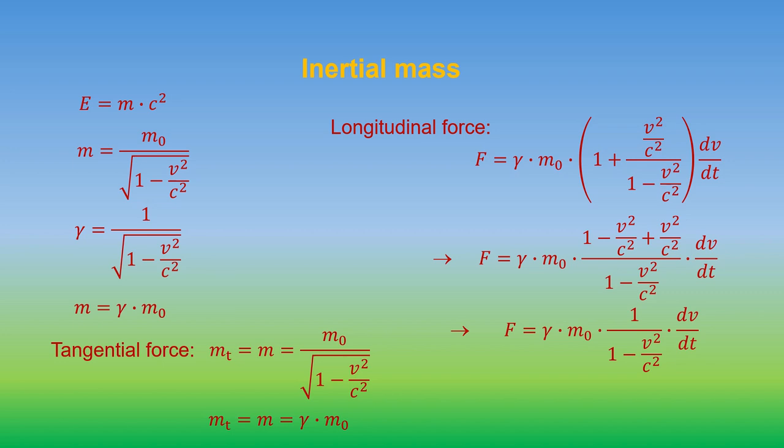There are two terms in the numerator that cancel out, so what remains is F equals gamma times m naught times 1 over 1 minus v squared over c squared times dv over dt. What's left of the fraction is the square of the Lorentz factor, so the equation becomes F equals gamma cubed times m naught times dv over dt.